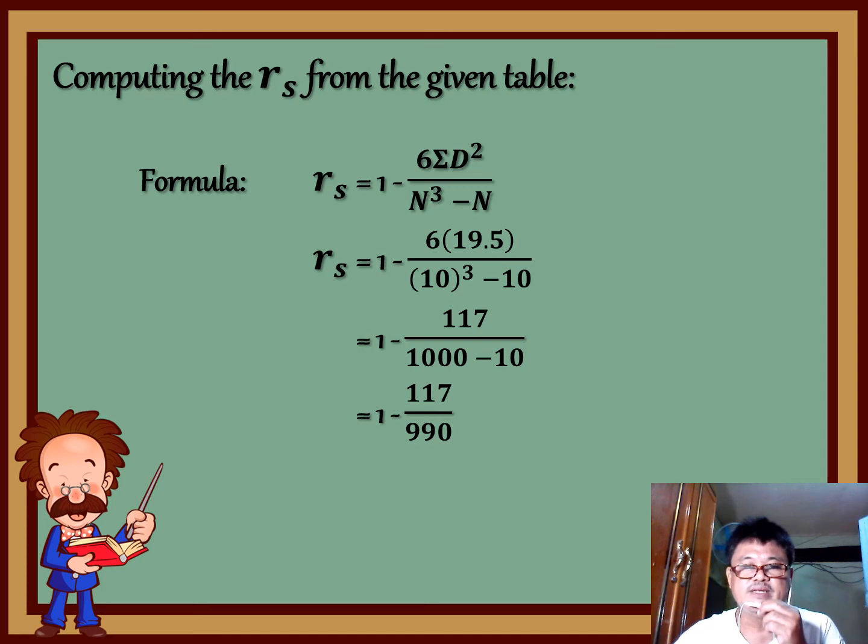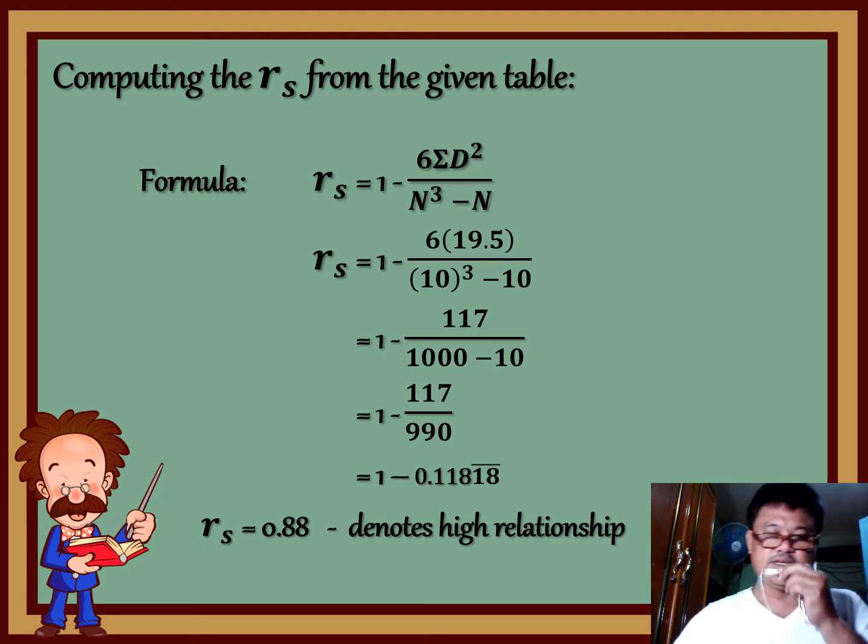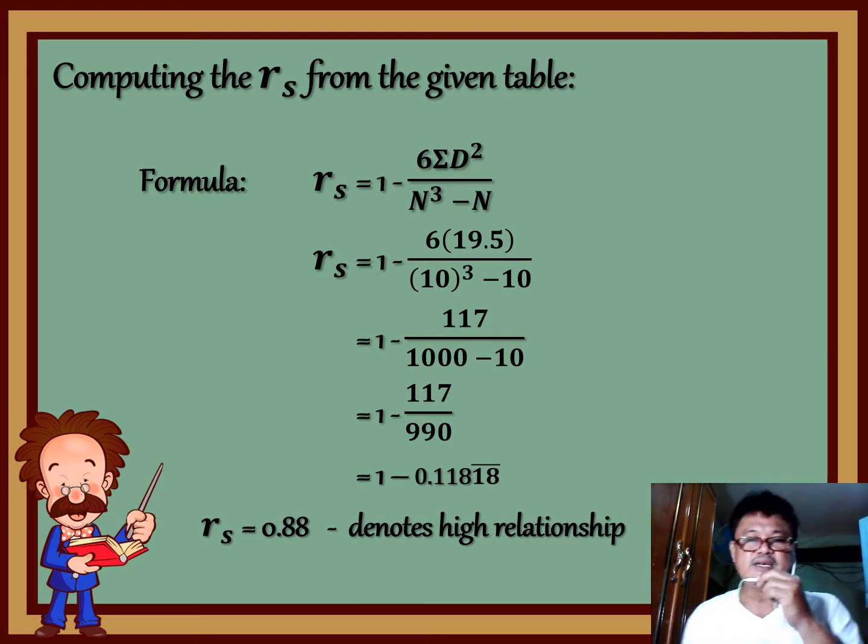So 117 divided by 990 is 0.1181818, a repeating decimal, that's why it has a vinculum over 18. Then subtract this from 1. The result will be 0.88. So it denotes a high relationship.